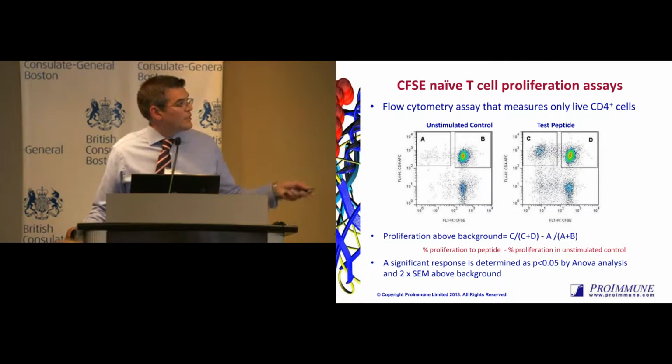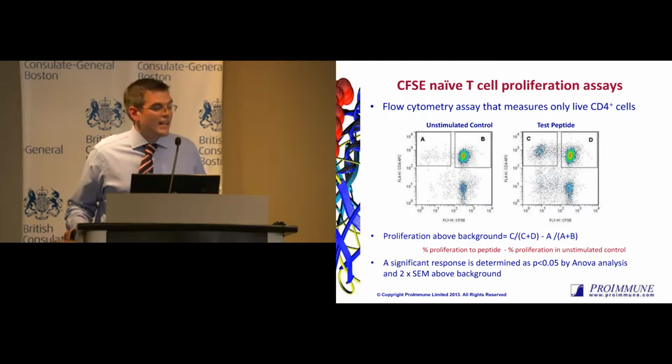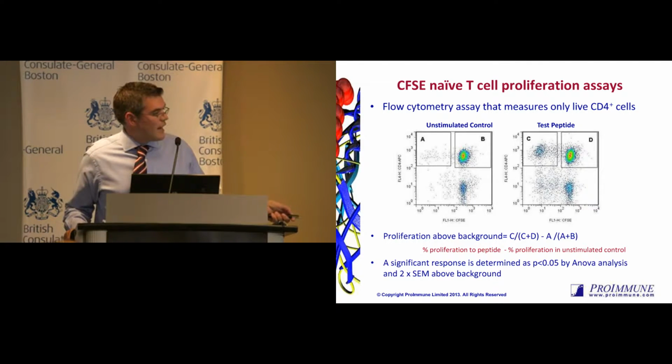With a cell division index, you're dividing by the unstimulated response, and if you have very low cell turnover, you're dividing by essentially 0, so you get an infinite figure. So we now report this as a subtraction: the proliferation to the peptide minus the proliferation to the unstimulated control.